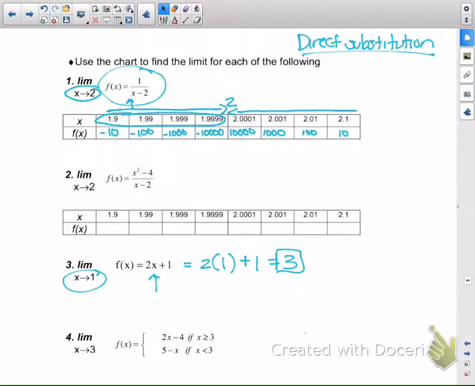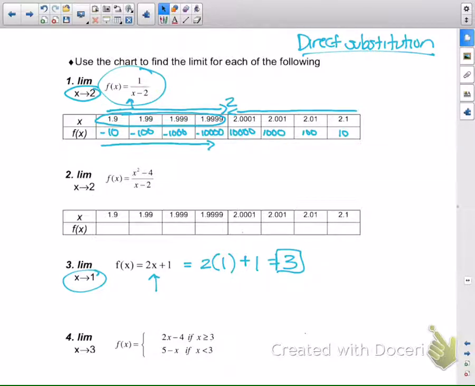Okay? So if I'm going to make a conclusion about this, like I did based off the graph on the previous page, if I follow these numbers, I'm going from -10 to -100 to -1,000 to -10,000. If I'm following that pattern, if I kept adding 9s to that 1.99, what would these numbers all be getting closer and closer and closer to?